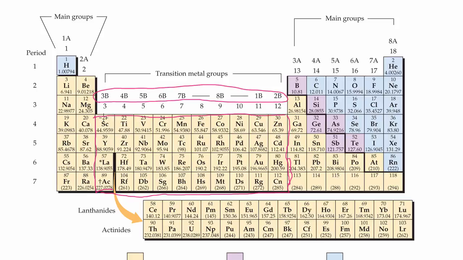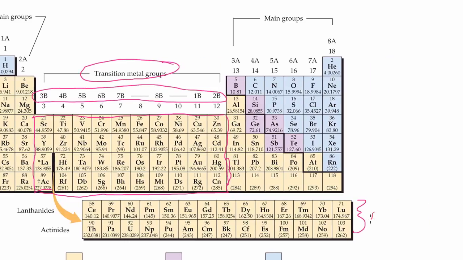This whole block here, these are called the transition elements. These two rows, the lanthanides and the actinides, are called the inner transition elements.